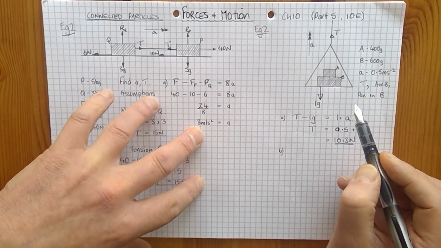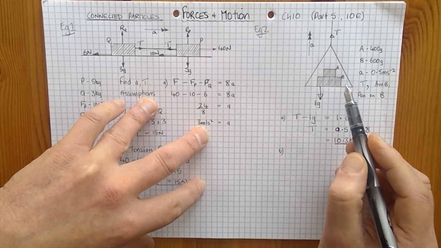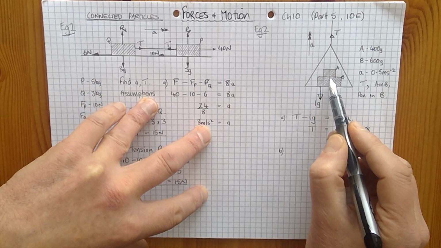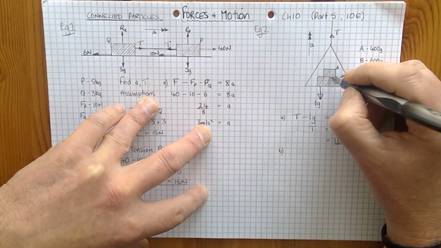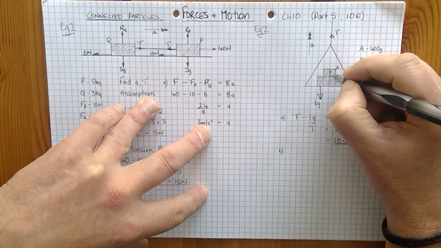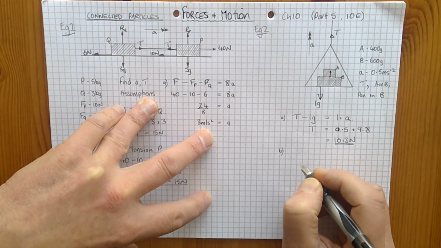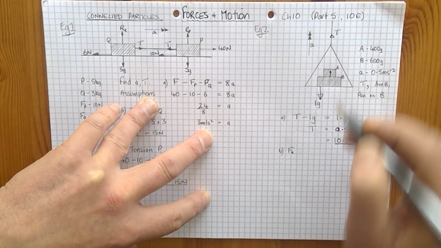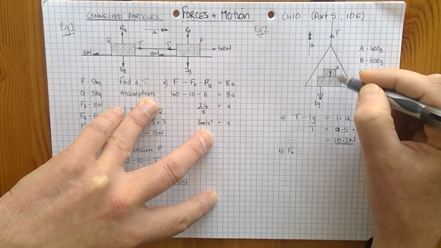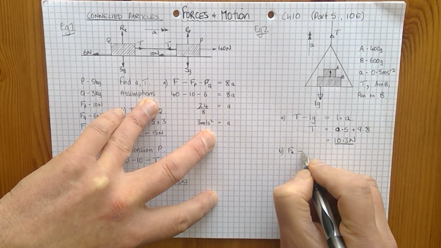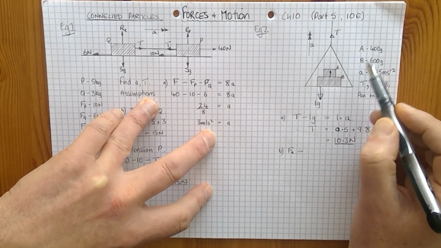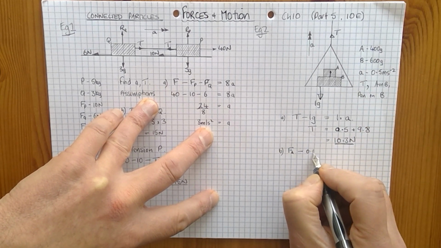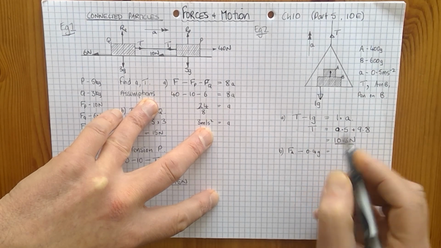Let's resolve our forces again. You've got a force upwards of B on A. It's pushing it upwards. Let's call that the force on A. That's a positive force. We've got a force downwards, the weight of A. A weighs 0.4 kilograms, so minus 0.4 G. There's my forces.